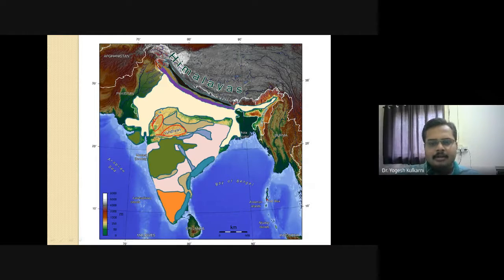There is another rock that I forgot to mention. It is banded iron formation, which is a sedimentary rock, characteristically used as the source rock for the iron ore. Okay, it contains hematite dominantly.